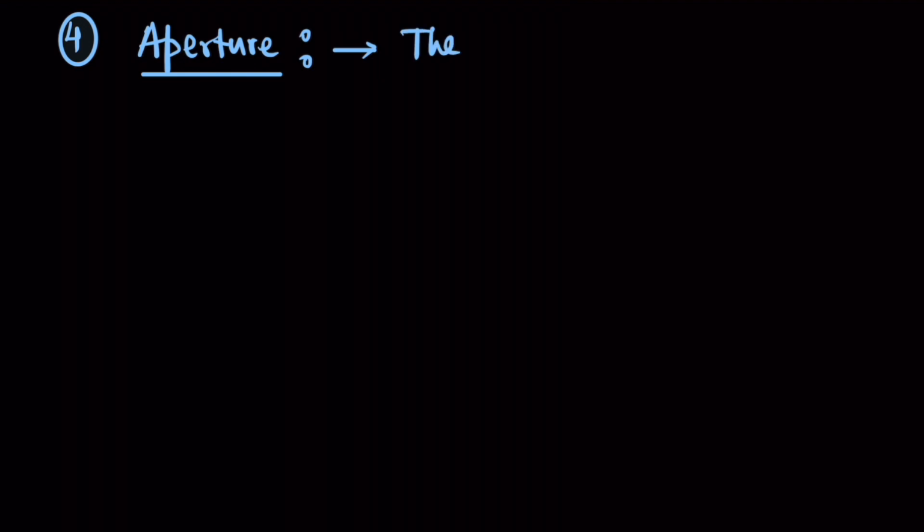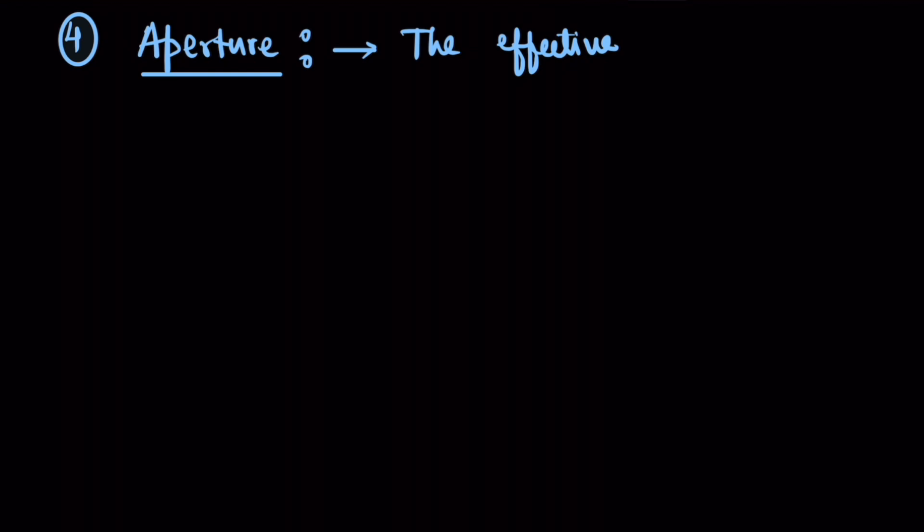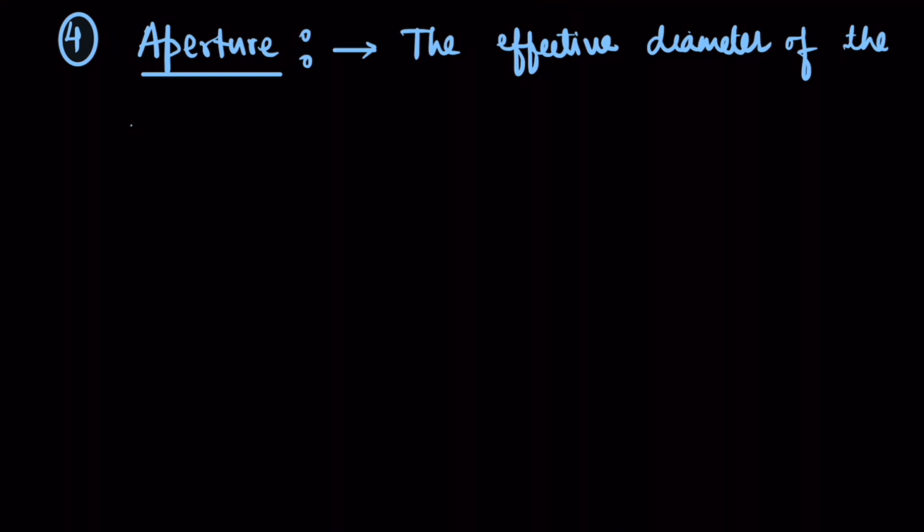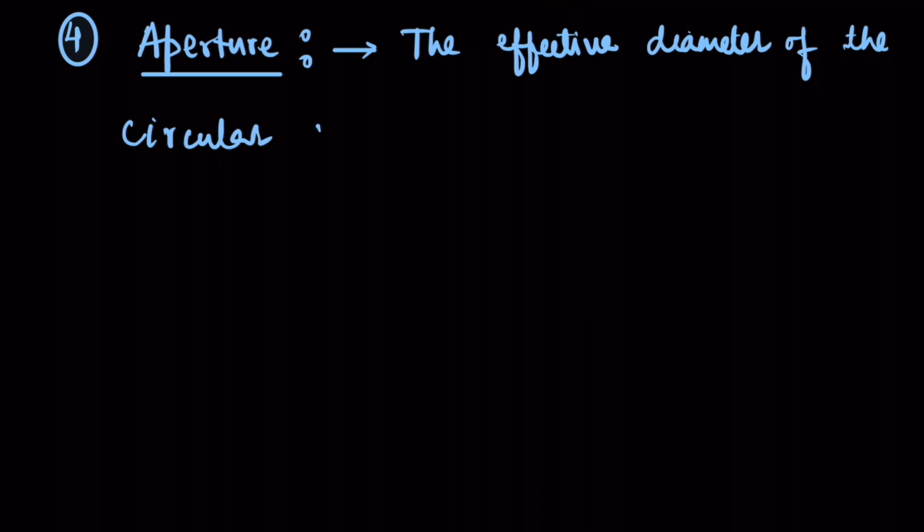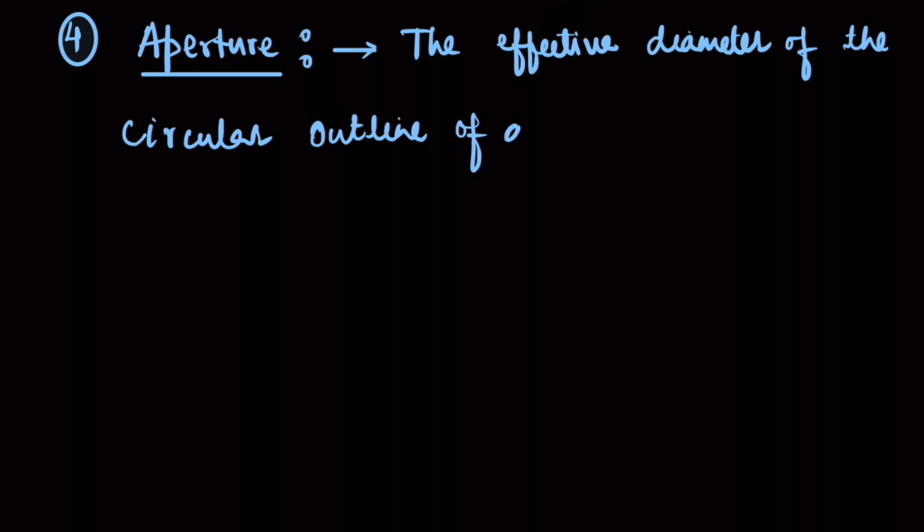Next term is aperture. The effective diameter of the circular outline of a spherical lens.